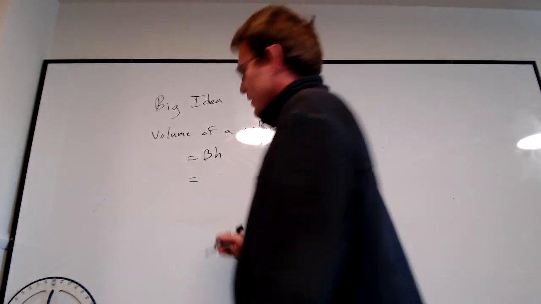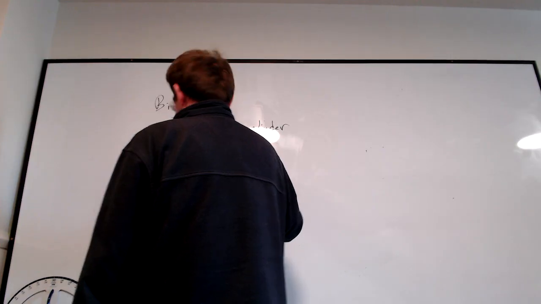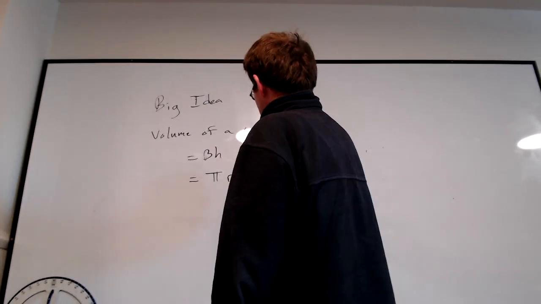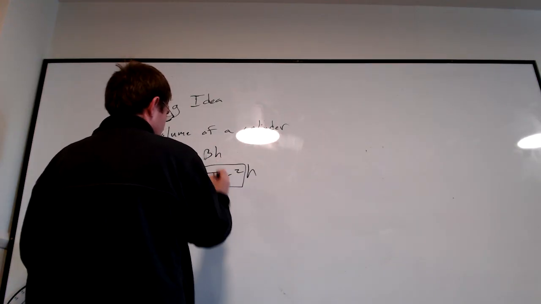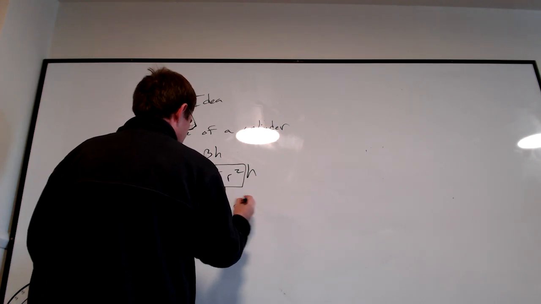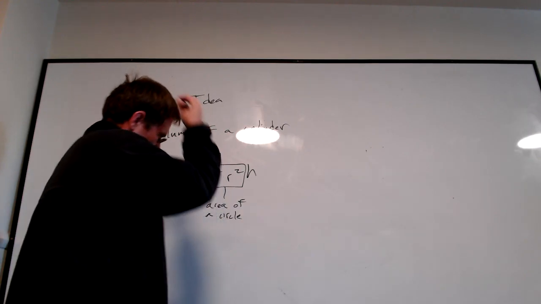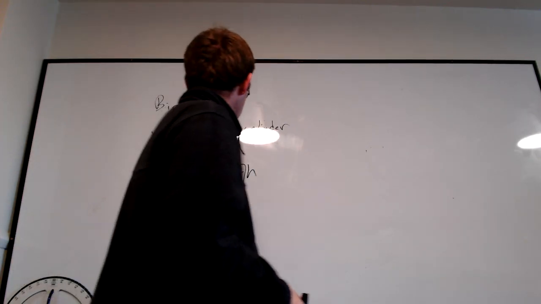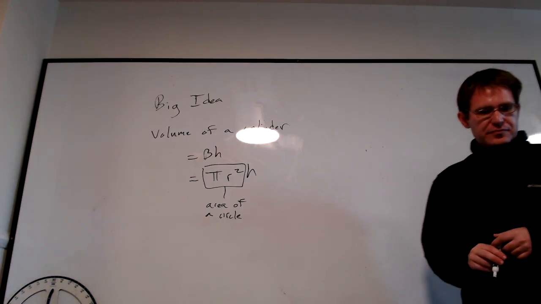So that's going to be pi r squared times the height. So this expression here is just the area of a circle. That's why this has the same form as the volume of a prism.